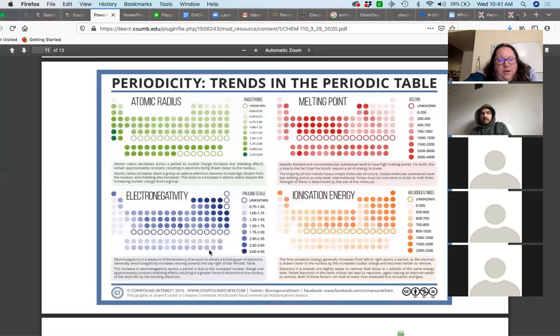What's the trend for electronegativity? If we're thinking about the Pauling scale, and this is a relative measure of how strongly an atom attracts electrons, what do you think is the trend? Go ahead and take a moment and write out in your notes what you think the trend is for electronegativity.